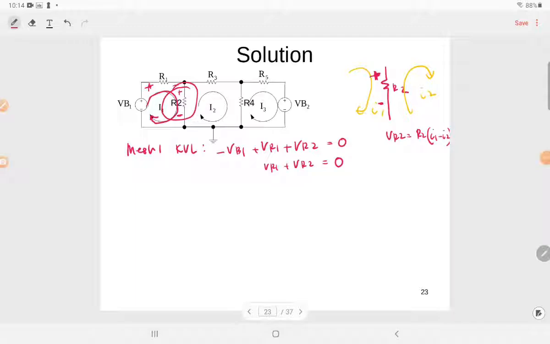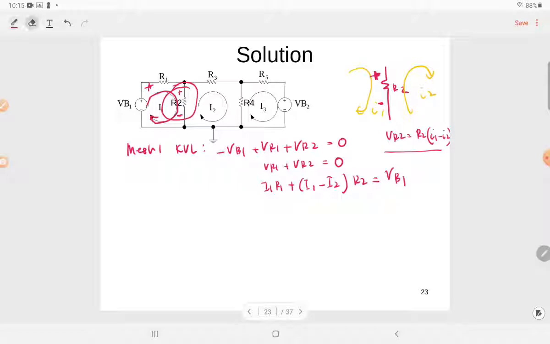Next, we elaborate this equation. VR1 is I times R, which is I1 R1, plus VR2, which is I1 minus I2 times R2, equal to VB1.